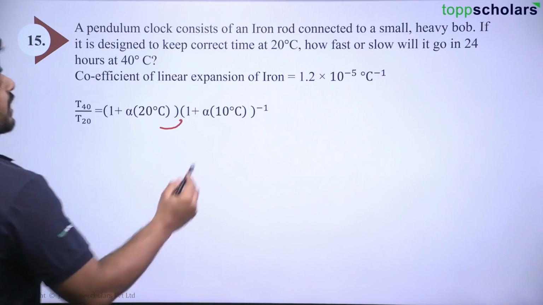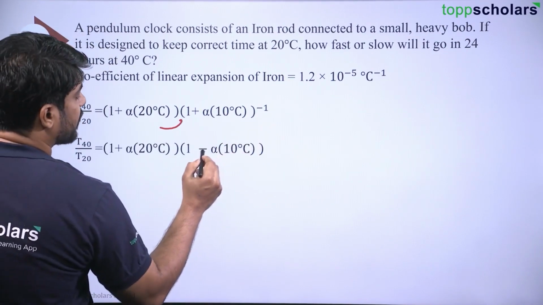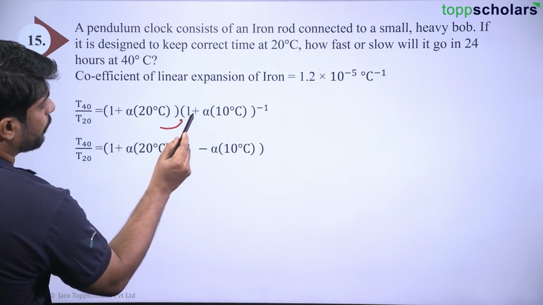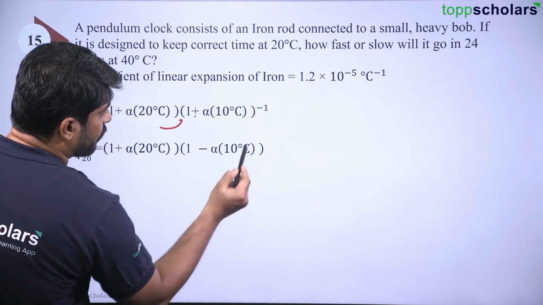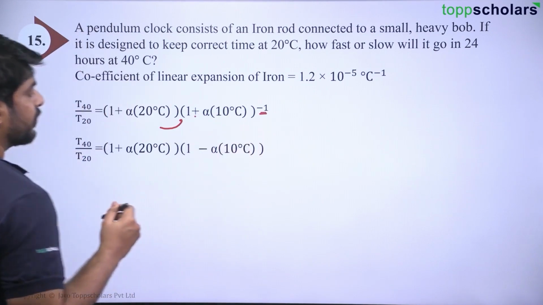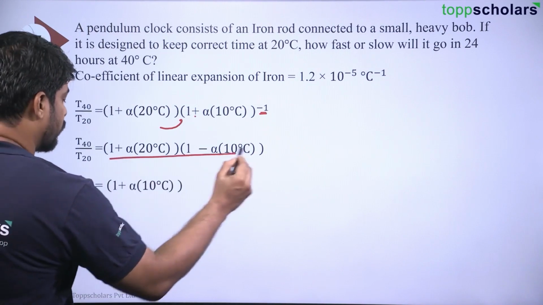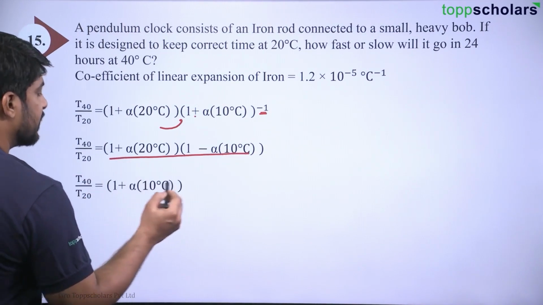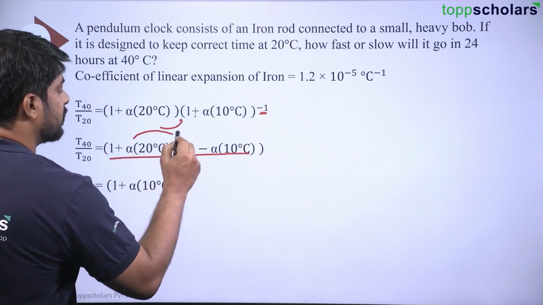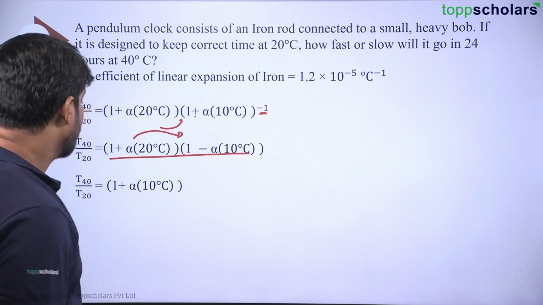Now again if we use the binomial theorem, the power is minus 1, so the 1 plus which was already there, now becomes 1 minus alpha, because we have just expanded these powers. After solving this and multiplying these terms, we get 1 plus alpha 10 degrees Celsius.